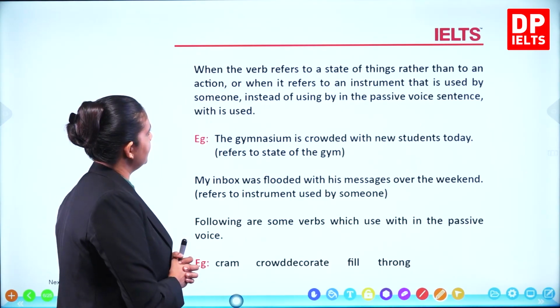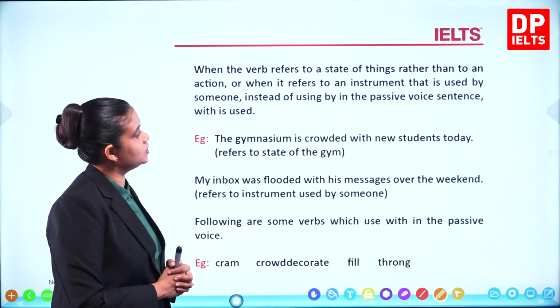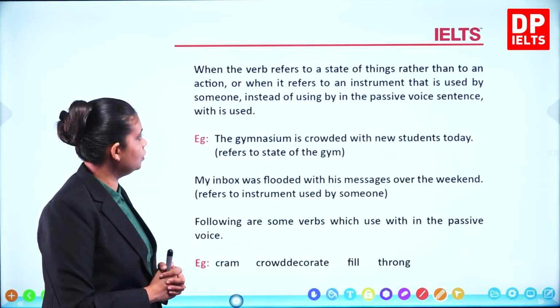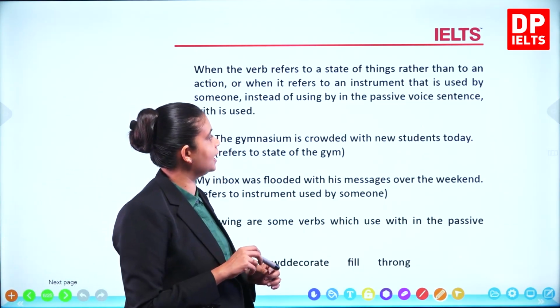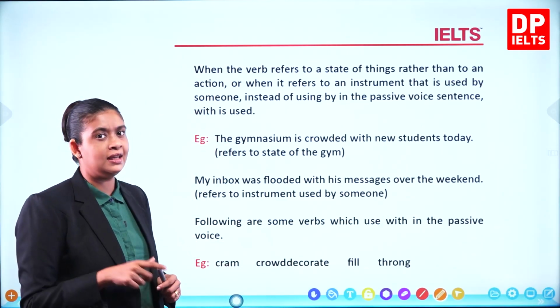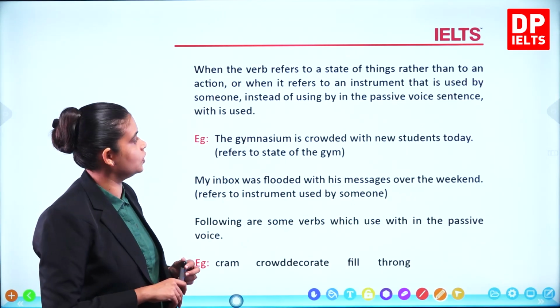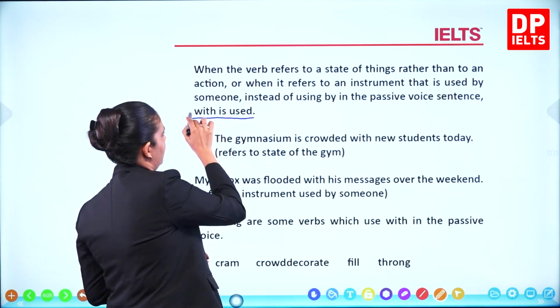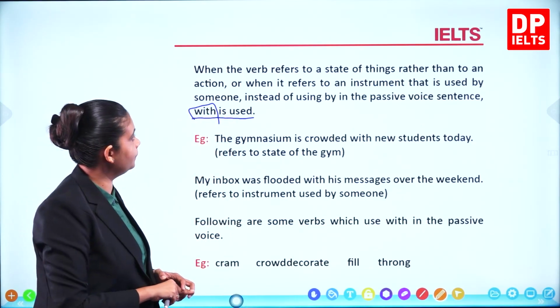Okay. The next bit. When the verb refers to a state of things rather than to an action, or when it refers to an instrument that is used by someone, instead of using by in the passive voice sentence, with is used, right? Now that is an important thing, okay?